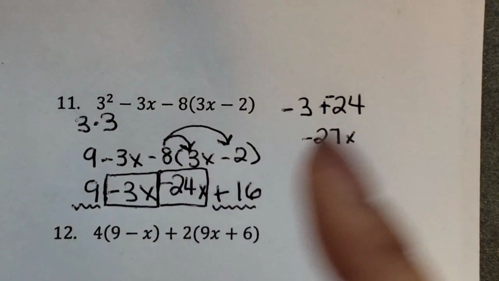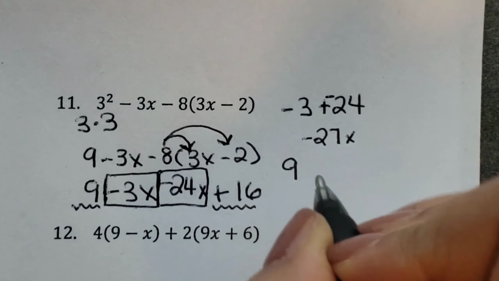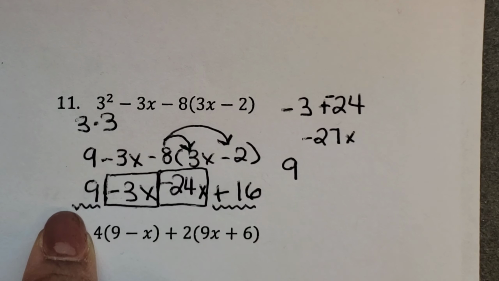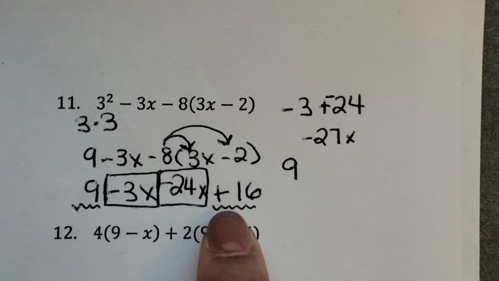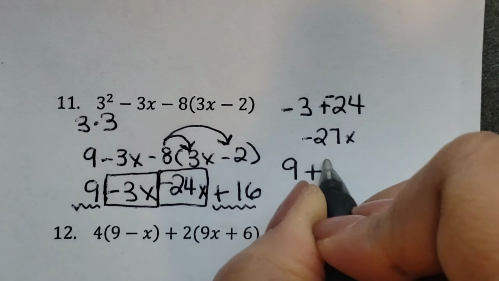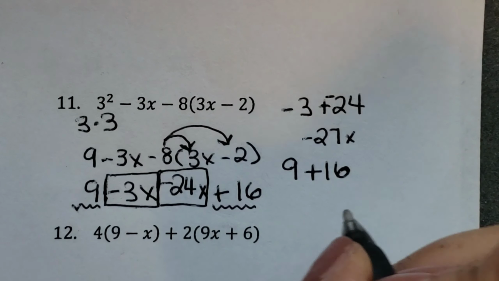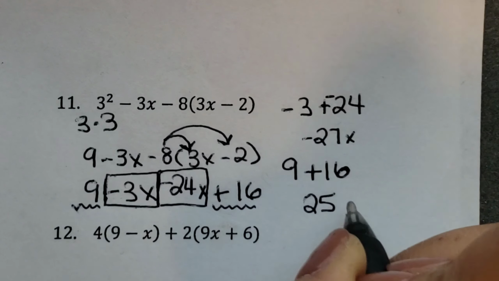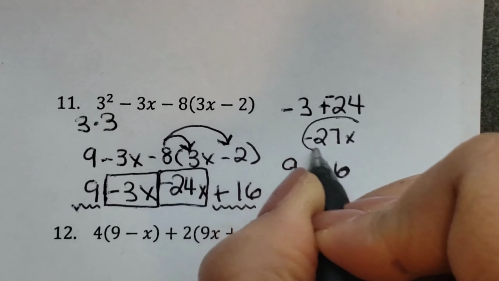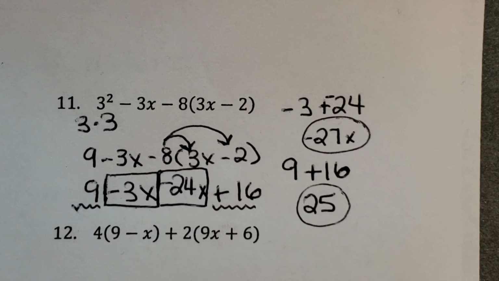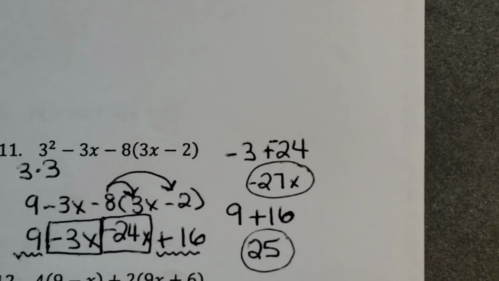From here, I'm going to do a positive 9, because we don't have a negative in front of that, so it's a positive. And this tells us that it's a positive 16, so plus 16. And we could do this with our fingers in our head. 9 plus 16 is going to give us 25. So I have this 25 and that negative 27x, and I'm going to put that in an expression.